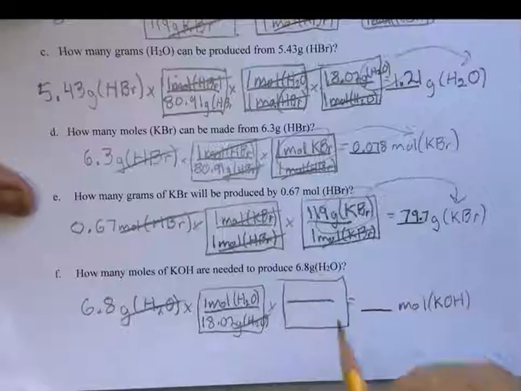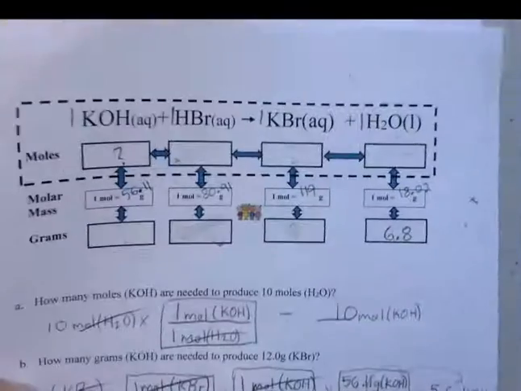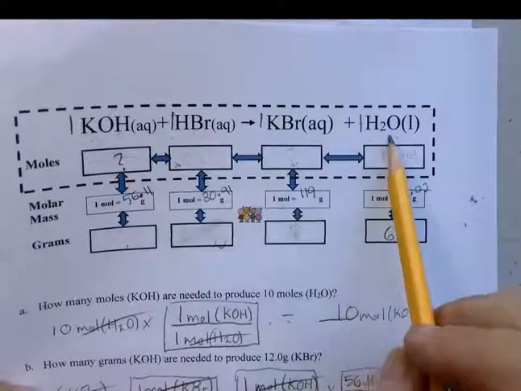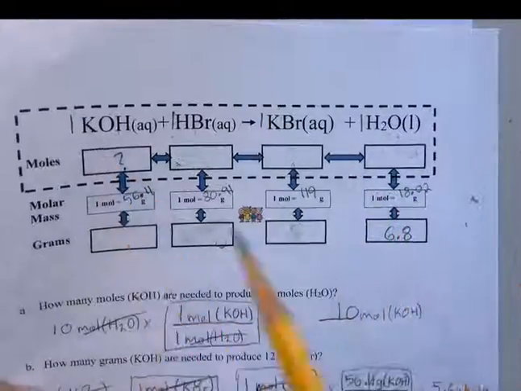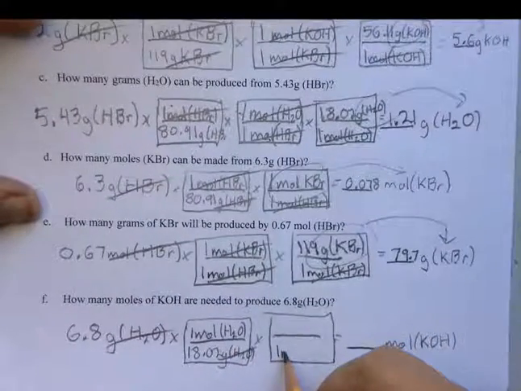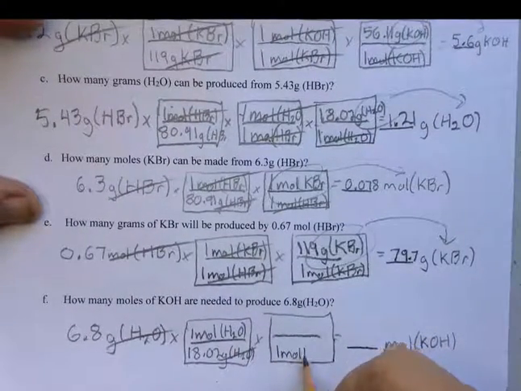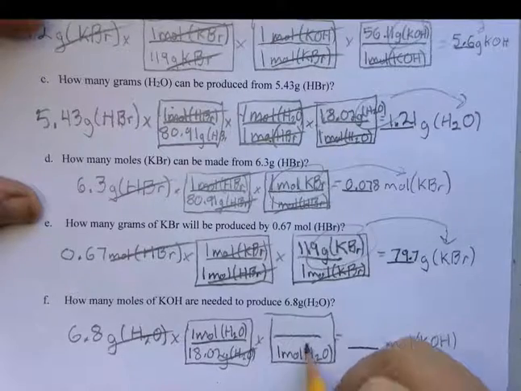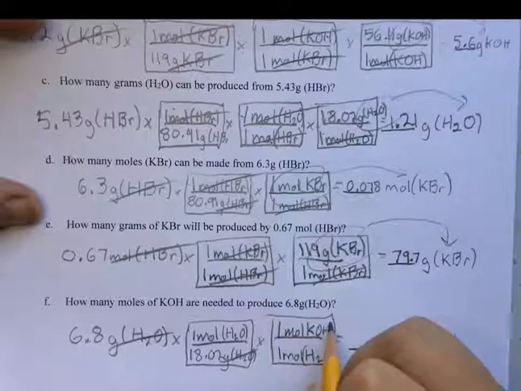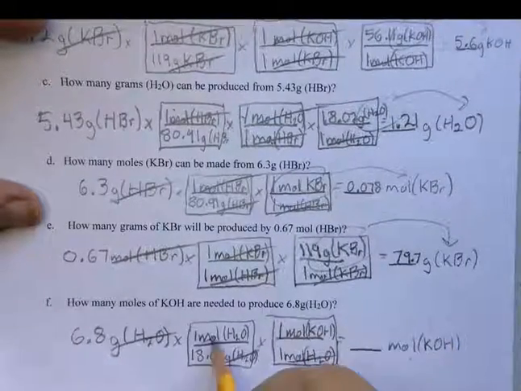Now we need 1 molar, it's moles to moles. And as we've seen throughout this problem, everything is 1 to 1. So 1 KOH over 1 H2O, or 1 H2O over 1 KOH. H2O is on the top, so we need it on the bottom. This cancels with this.